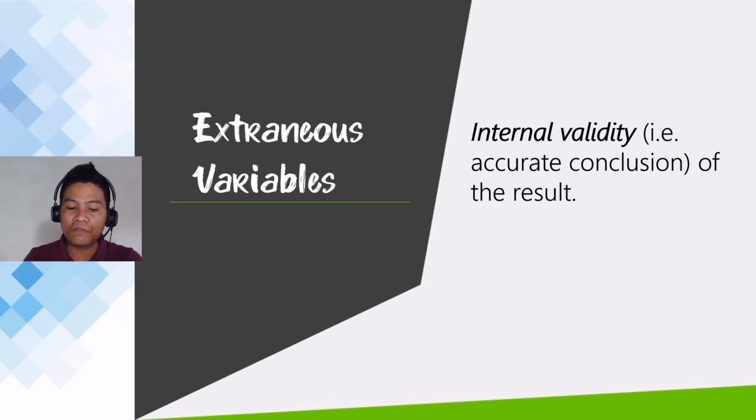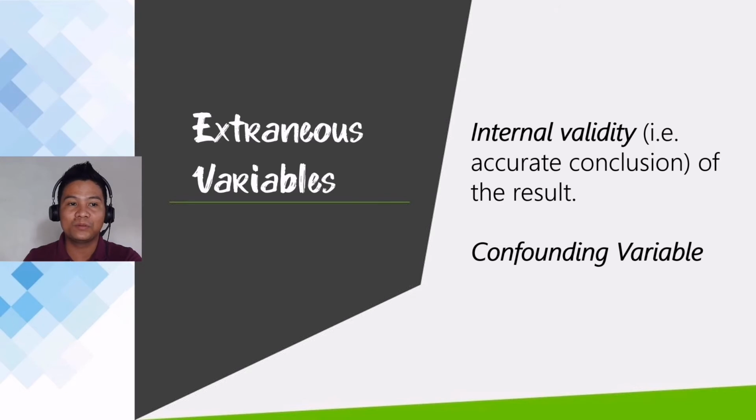When the researcher fails to control the extraneous variable and it causes a considerable effect on the outcome, the extraneous variable becomes a confounding variable.